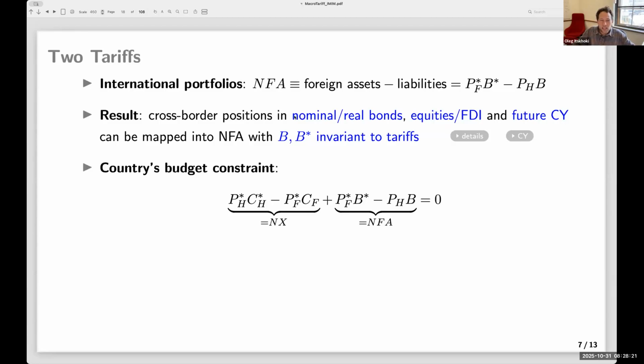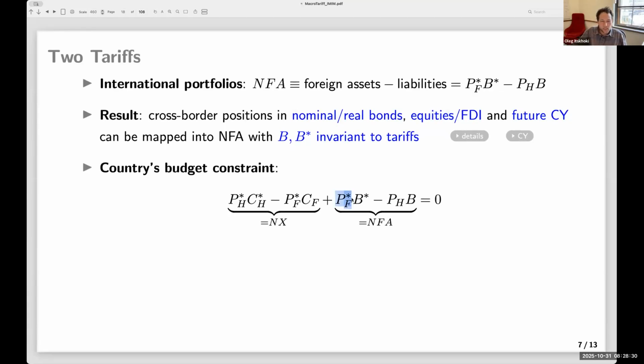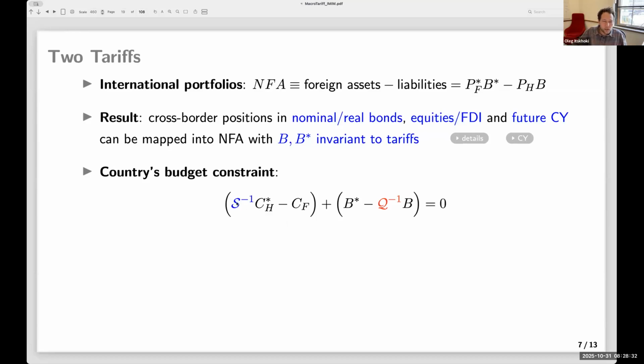Almost without loss of generality if these are the only assets available. And what's interesting then, you divide it through by this price. And what you get is you now have both the terms of trade and the real exchange rate, the producer price real exchange rate. And so now it shows you that as long as B is not equal to 0, as long as there are, if you will, dollar assets and liabilities that don't net out for the country.